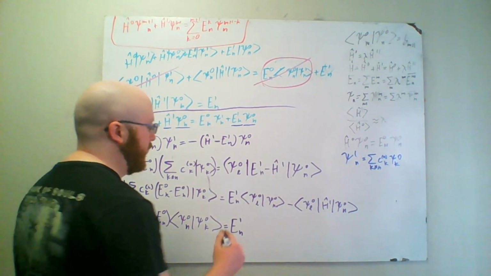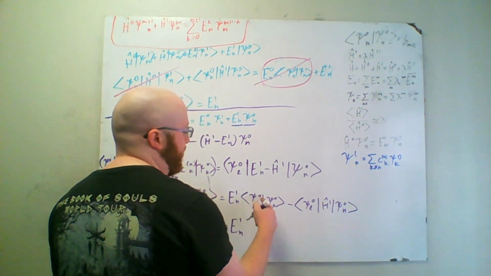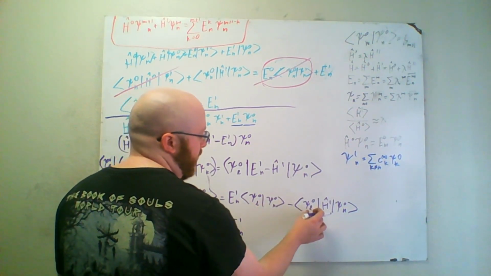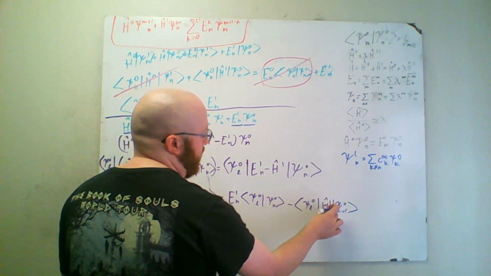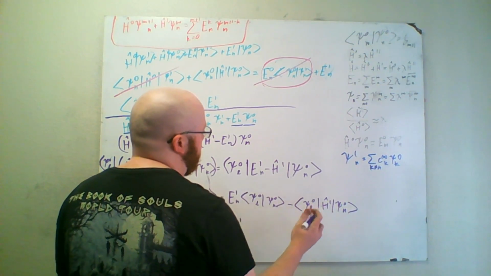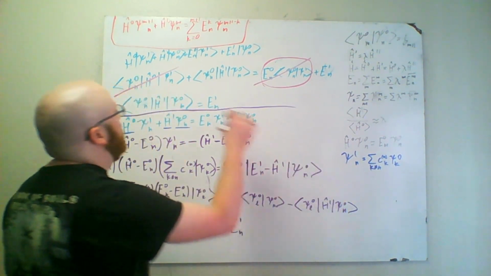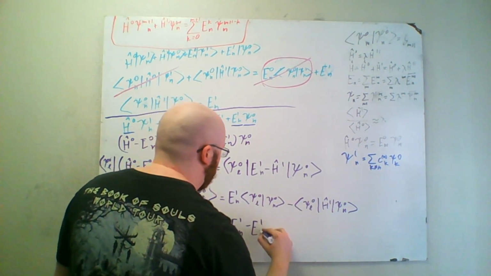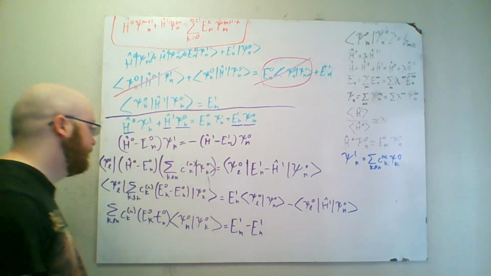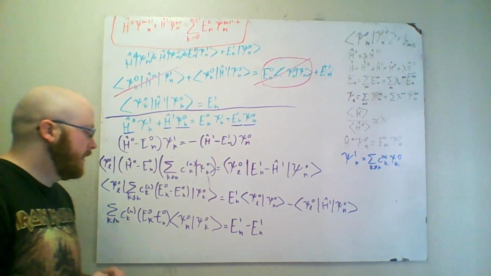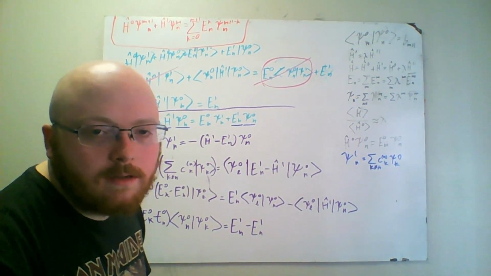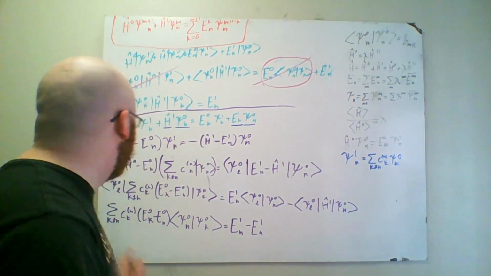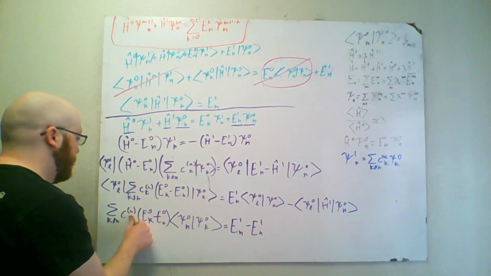Let's just let L equal N. This becomes 1 because it's psi 0n, psi 0n. This becomes psi 0n, h prime psi 0n, right? So this guy becomes this guy, and we end up getting E1n. Okay. And in case you're wondering, we're solving for this constant here.